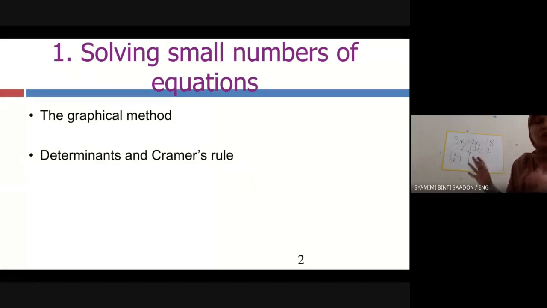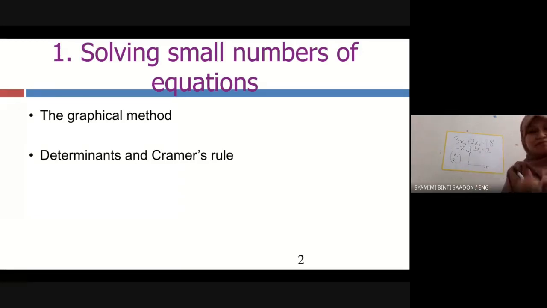In order to solve the linear algebraic equations using the graphical method, we will sketch both of these linear equations, and what are we going to find? We are going to find the intersection, the point where these two lines intersect each other. That will be our answer, x1, x2.